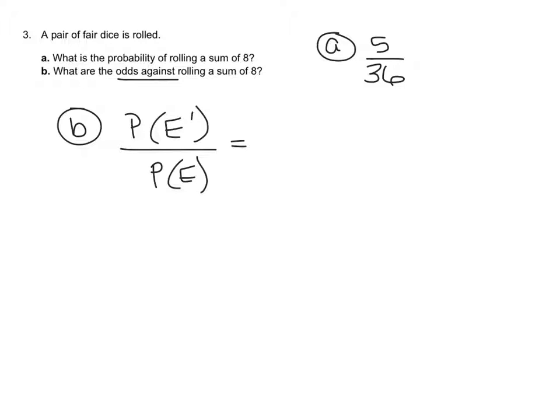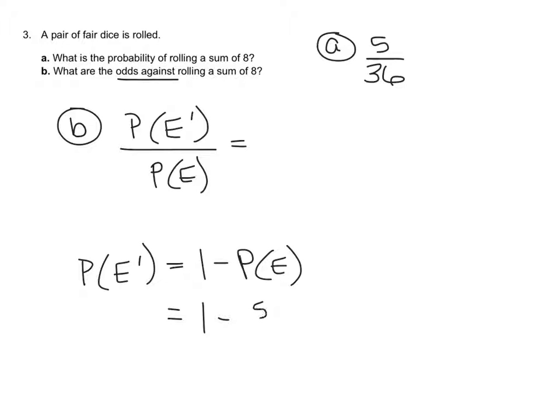Now, the probability of the complement is found by 1 minus the probability of the event. So I want to find the complement of rolling a sum of 8. So this would be 1 minus the probability of rolling a sum of 8, which is just 5 over 36.